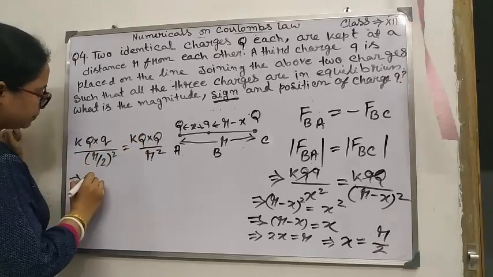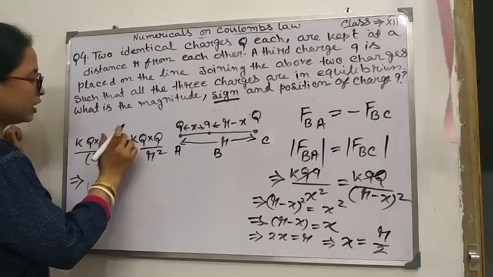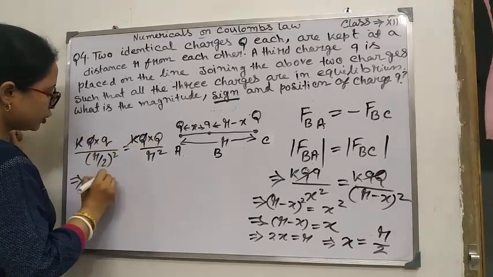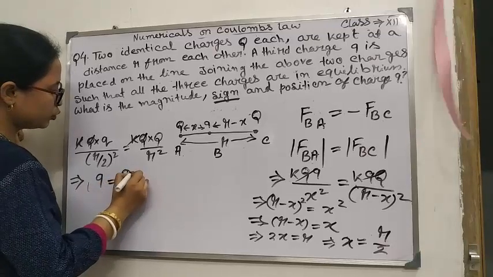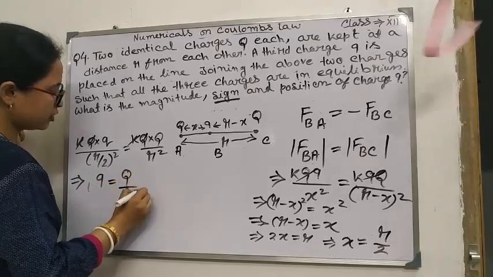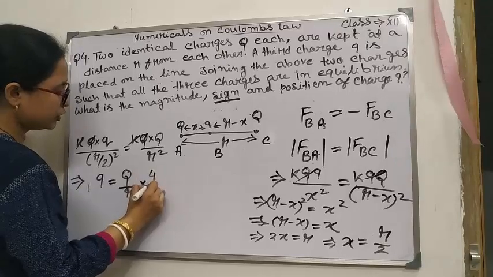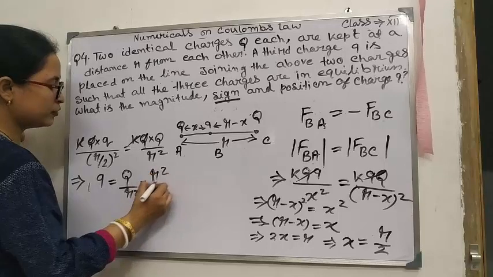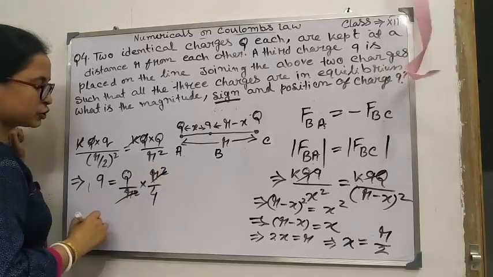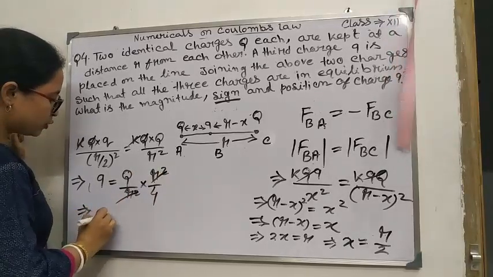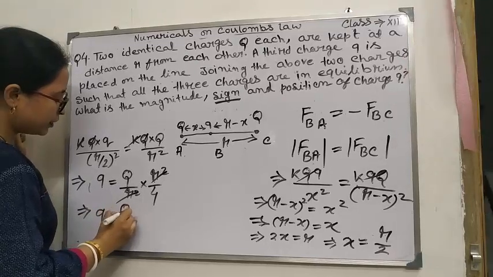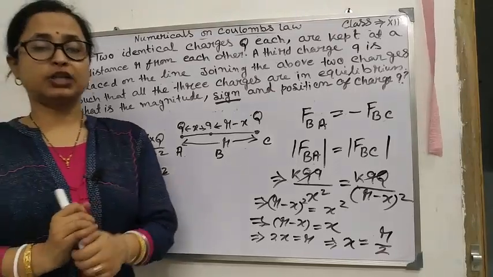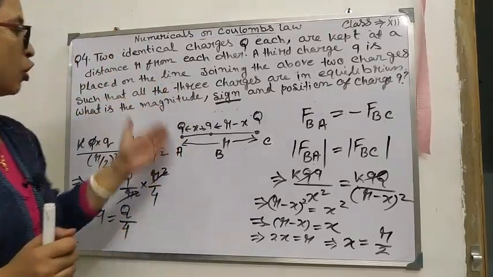K cancels, one Q cancels. Then q is equal to capital Q by r square into r square divided by 4, after cross multiplication. Then r square cancels. So q will be capital Q divided by 4. This is the magnitude of the charge. Clear? So this is all about this numerical.